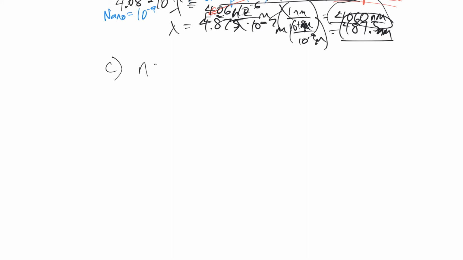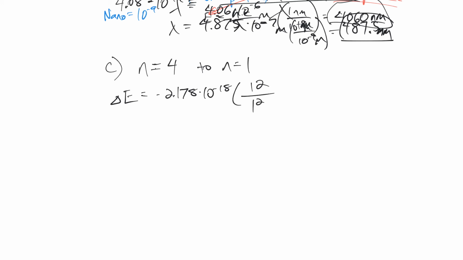For C, the transition is from the 4th principal energy level to the 1st. This is an exponent one, sorry. Sorry if that's not clear.